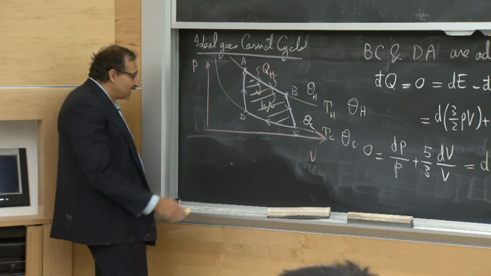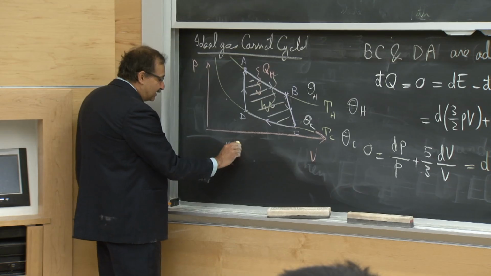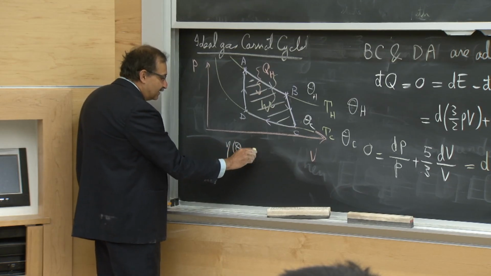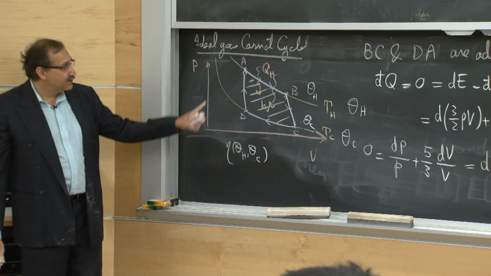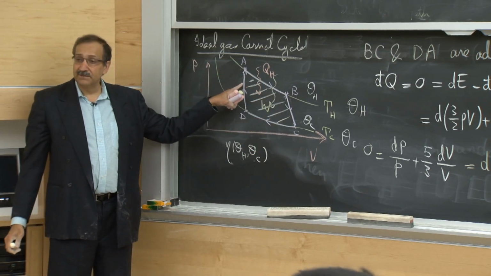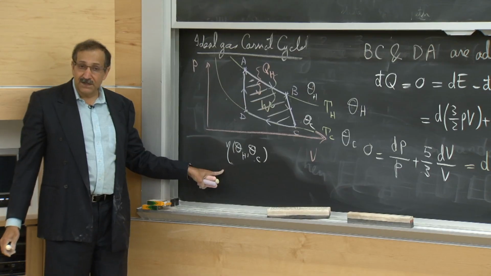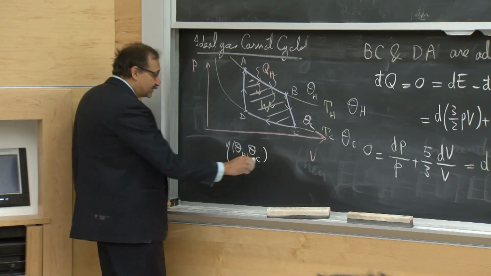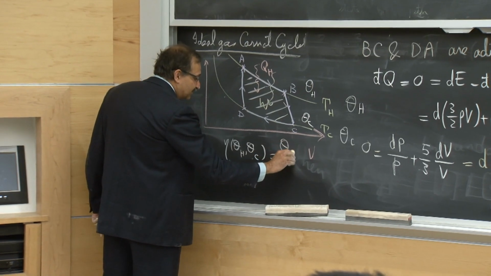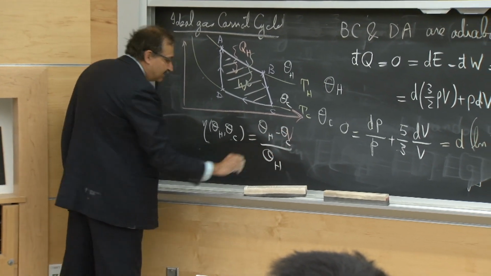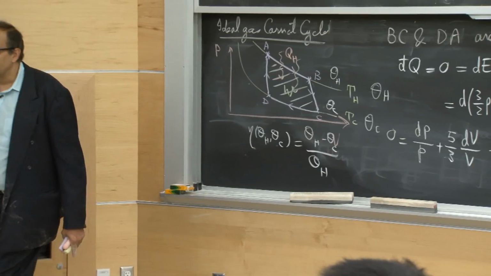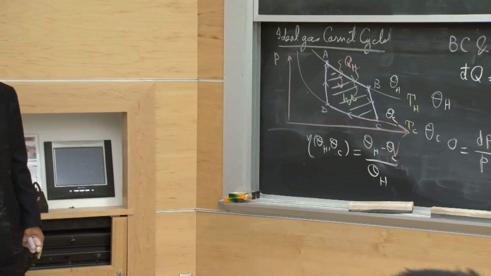And what you will find, if you do things correctly, is that using all of these definitions for the shapes of these isotherms, the answer for your efficiency will come out to be theta h minus theta c divided by theta h, which is precisely what you would have expected based on the Carnot cycle.